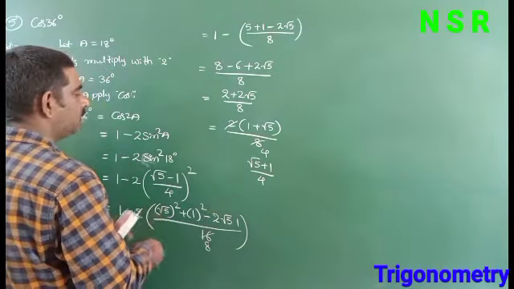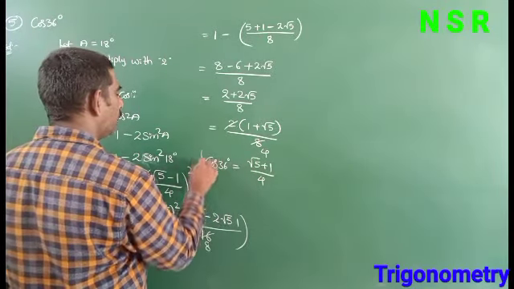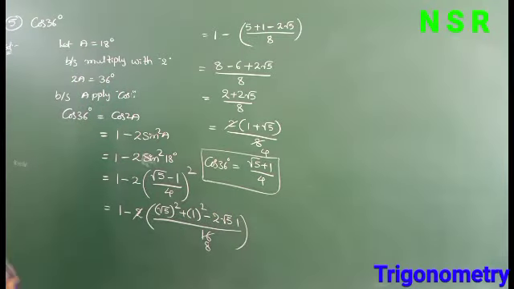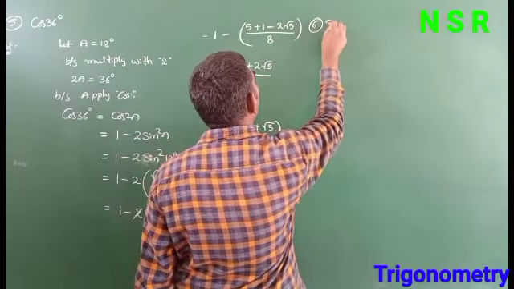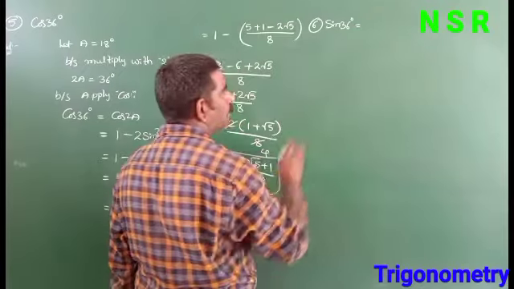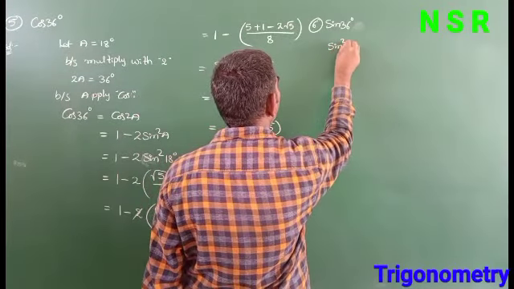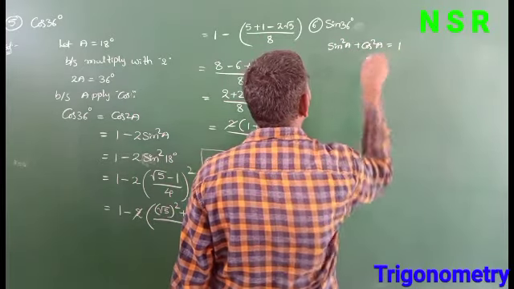So cos 36 equal to root 5 plus 1 by 4. So by using this we can find sin 36. So sin square theta plus cos square theta equal to 1.